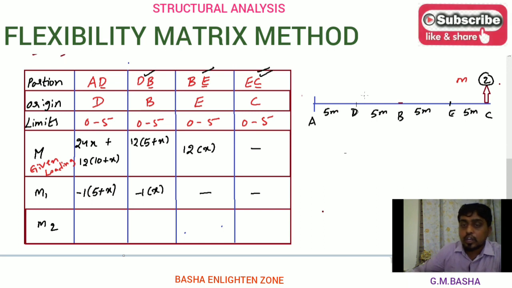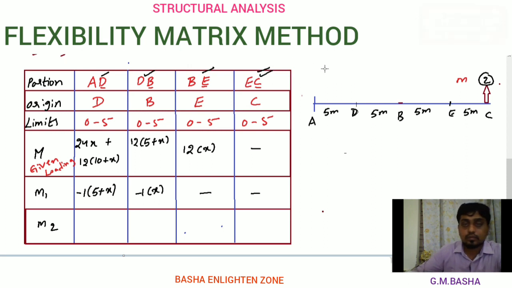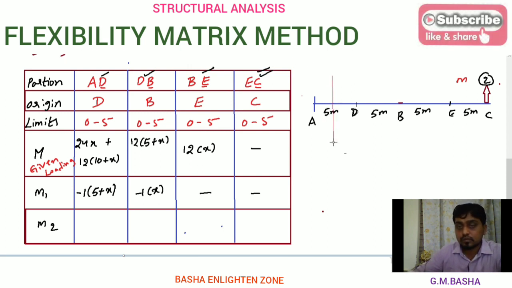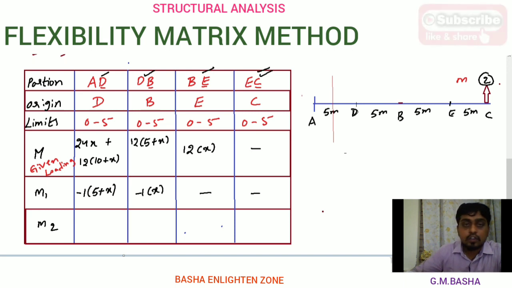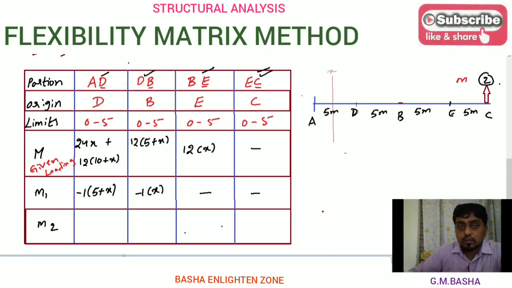And again talking about the portion AD, we are considering a section, same procedure, section xx at a distance of x from the origin point D. So our origin point is D. I am considering a section in the portion AD.